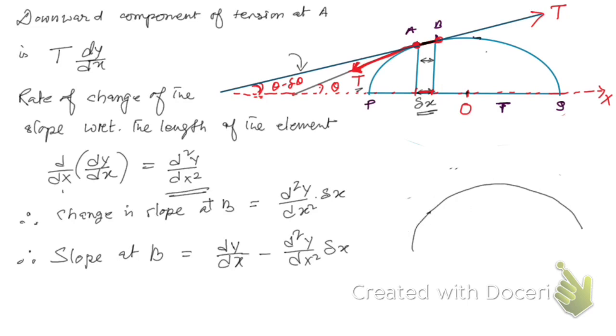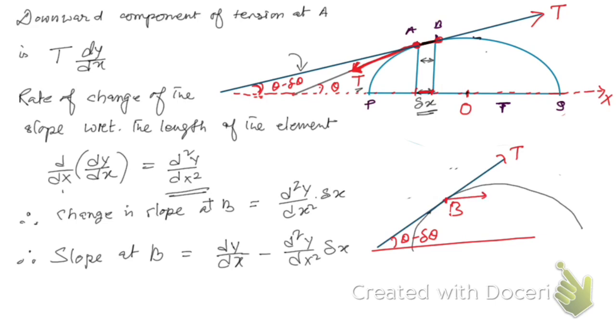Let me draw the tangent at B only. This is the tangent at B, suppose. Tangent at B makes angle theta minus delta theta with the x-axis, and this is the tension T.